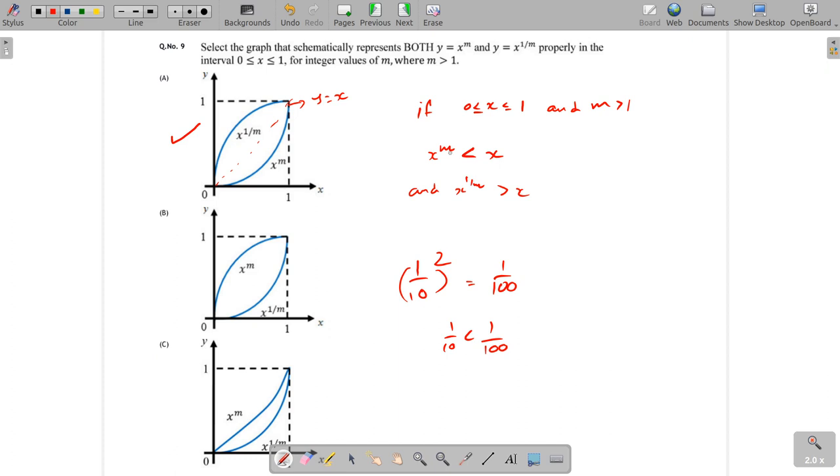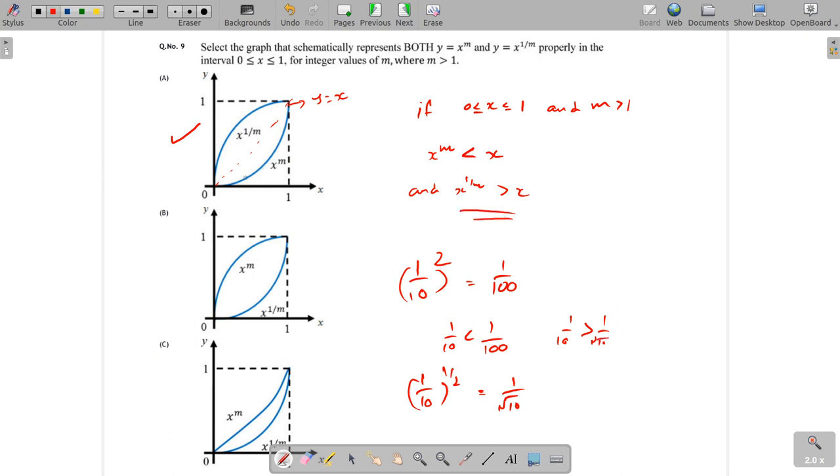So x raised to m will be less than x in this interval. Now if you take 1 by m, then 1 by 10 raised to 1 by 2 is the square root of 1 by 10, and 1 by 10 is less than 1 by root 10. So this is also there.